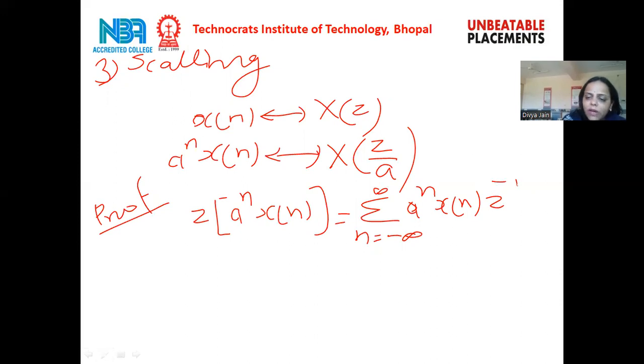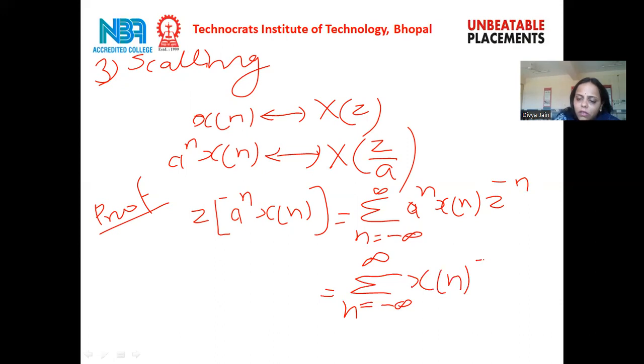So we can write it as the summation n equals minus infinity to infinity of x[n] (a inverse z) raised to the power minus n.